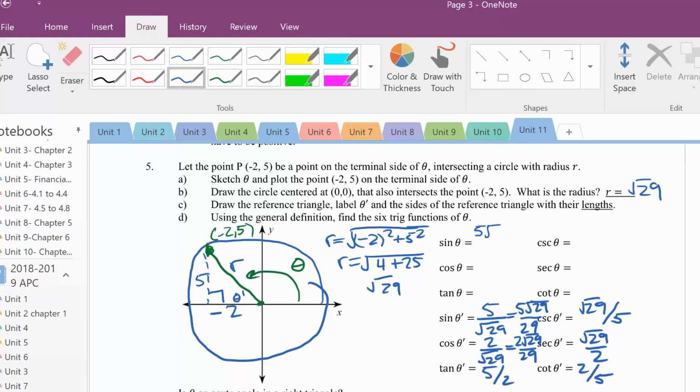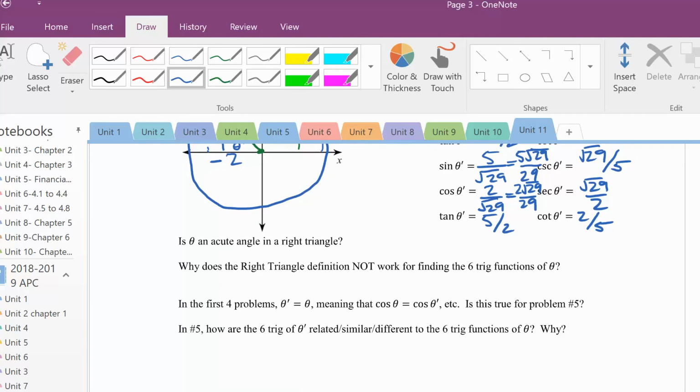So it's 5 rad 29 over 29, and rad 29 over 5 for the cosecant, but this will be -2 rad 29 over 29, and this will be negative rad 29 over 2. And the tangent will be -5/2, and the cotangent -2/5. So that's the only difference, is the positive and negative.